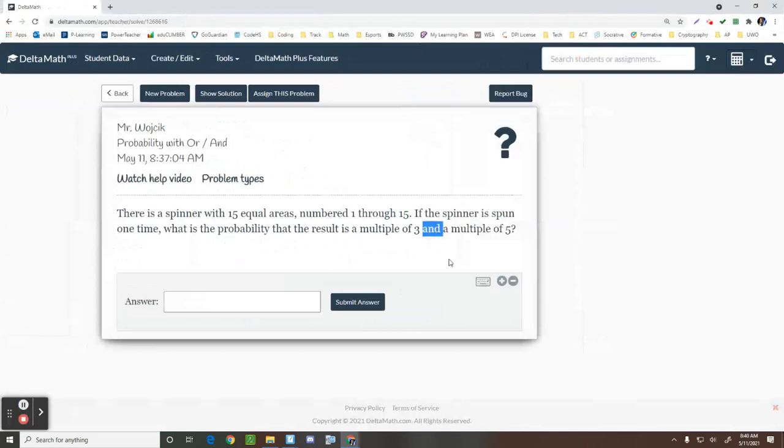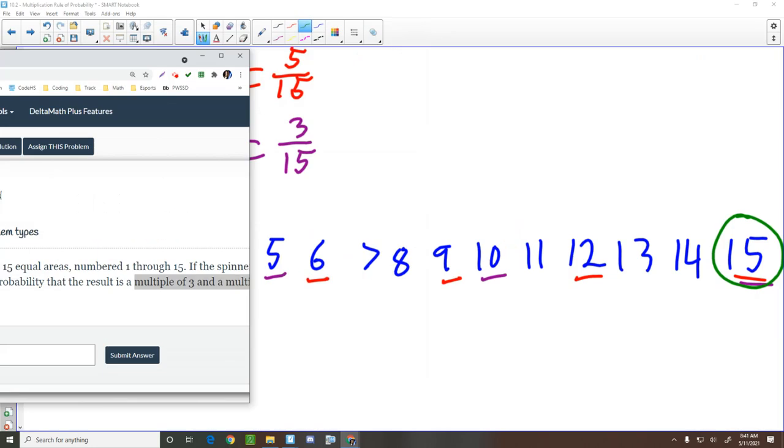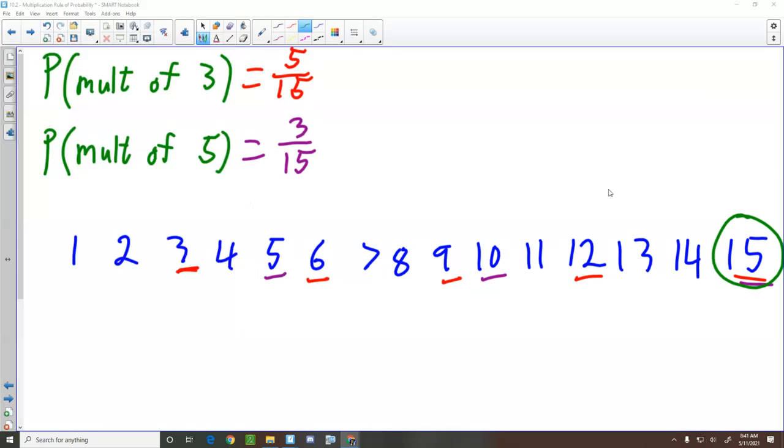So you've got to be careful with what it asks for, or versus and. Since it says it's got to be a multiple of 3 and a multiple of 5, instead I'm just looking for the one that meets both of those conditions. So how many numbers are both a multiple of 3 and a multiple of 5? Well, just this one, right? There's only one number.